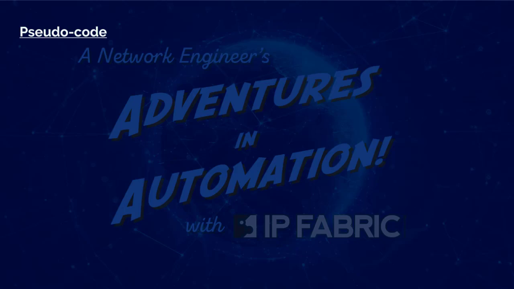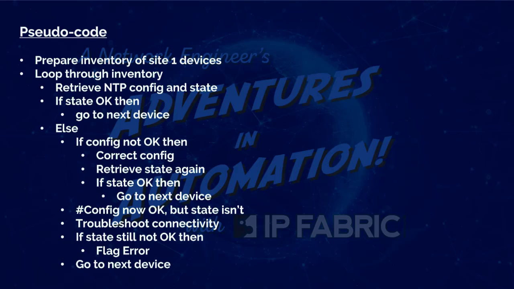This is the pseudocode, right? So we arrive at pseudocode being this flow, and really all it is a formalized version of the current workflow with all the bits ironed out that might cause you problems along the way. So here you can see there's a structure to this. There's a prerequisite task of preparing the inventory.